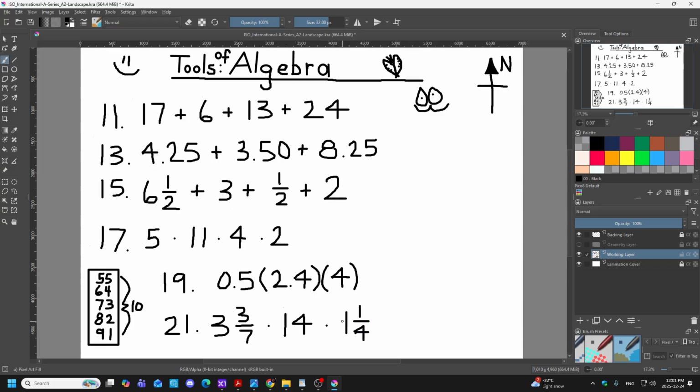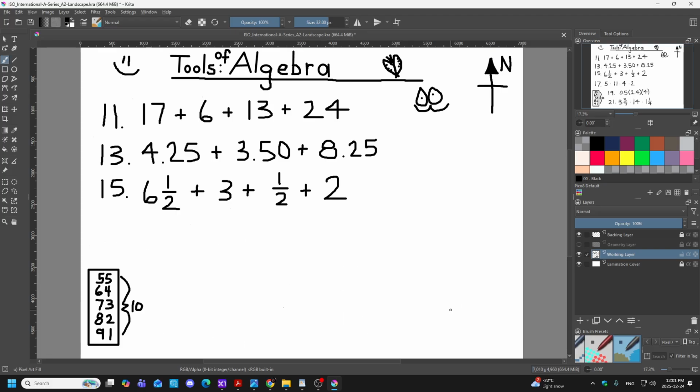They're currently mixed fractions. Okay? And it does work out to a whole number. All right? Good luck on that.